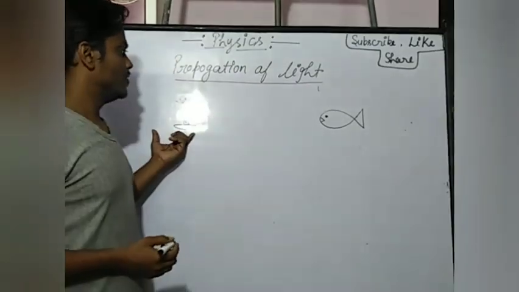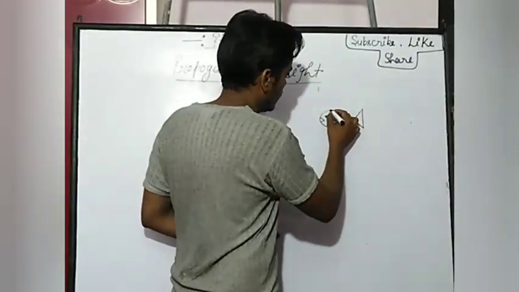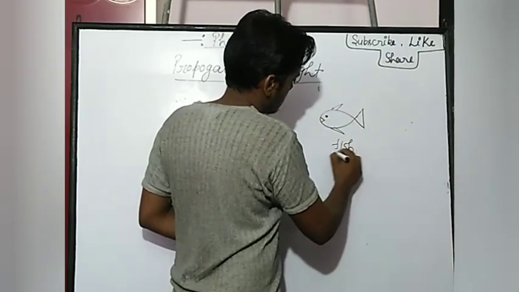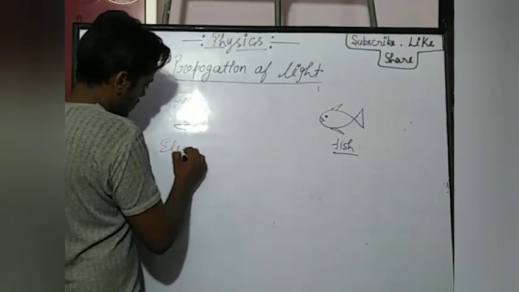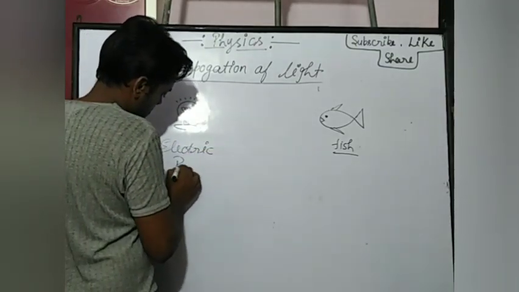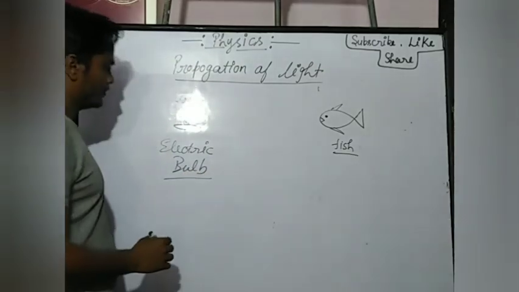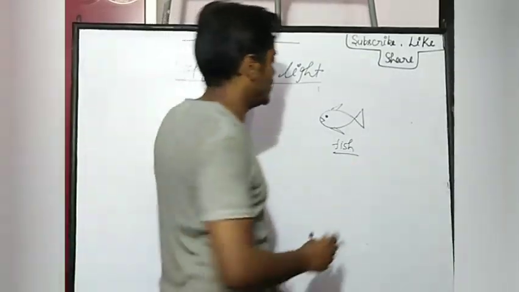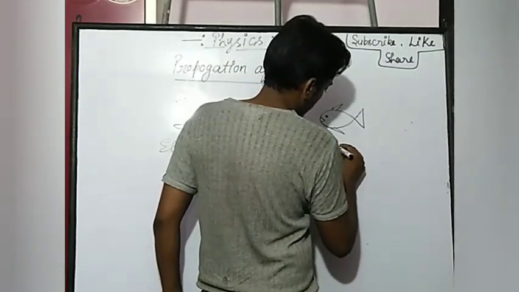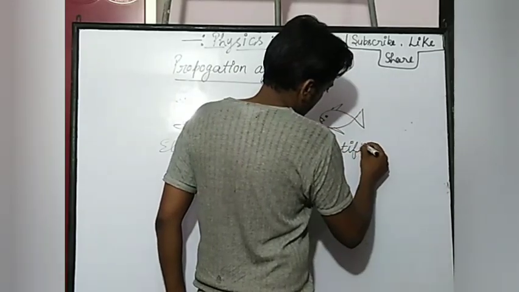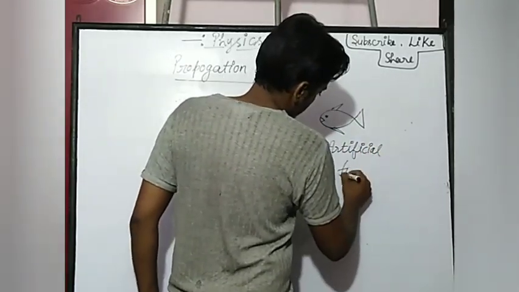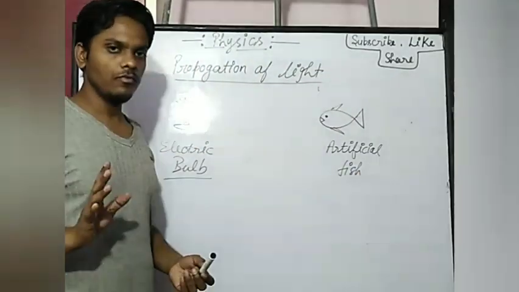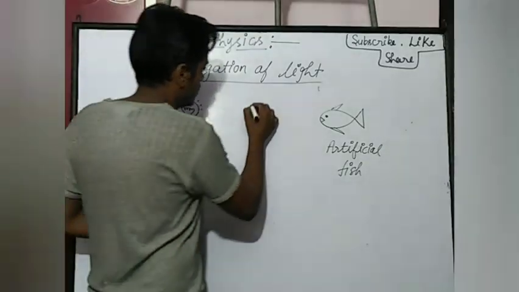This one is the source of light, which is an electric bulb, and this one is a fish, an artificial fish, not the real one.